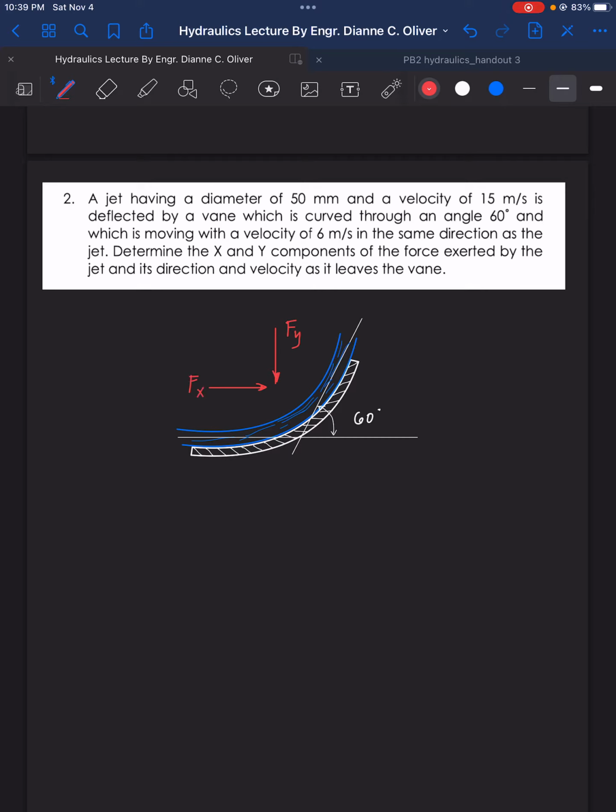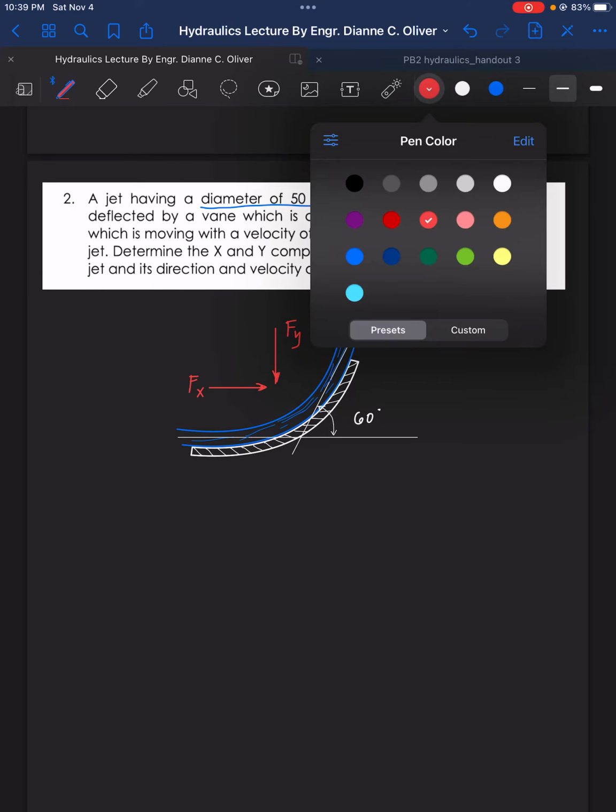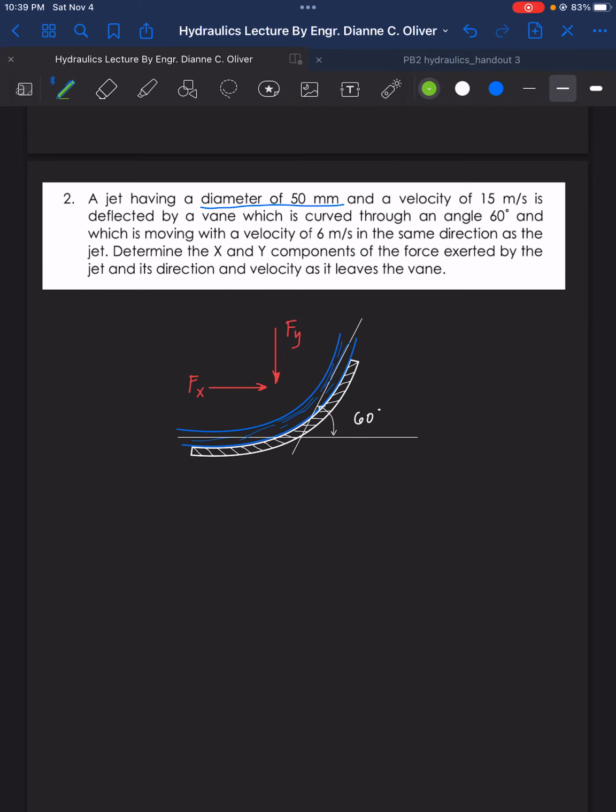So given the jet with the diameter of 50 mm and the velocity of the jet is 15 meter per second. A jet having a velocity of 15 meter per second is deflected by a vane.